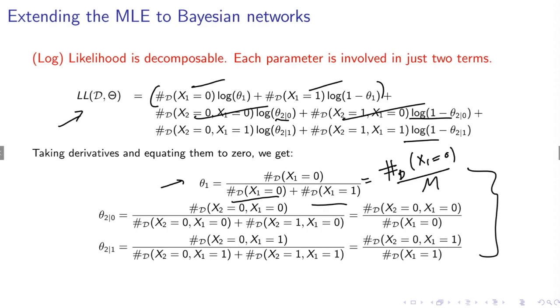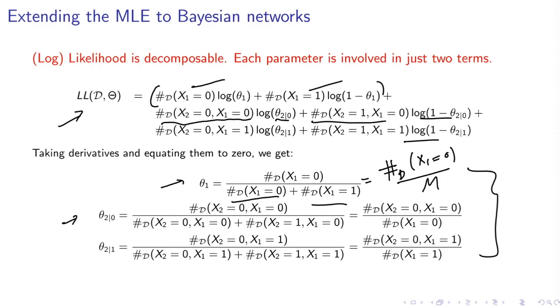Theta of 2 given 0 is equal to the number of examples that are related to theta of 2 given 0, which is the number of examples that have x2 equals 0 and x1 equals 0, divided by the number of examples that appear in the term for log of theta of 2 given 0 plus the term for log of 1 minus theta of 2 given 0.